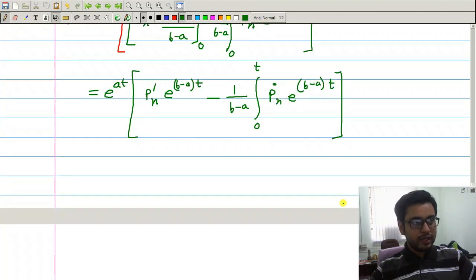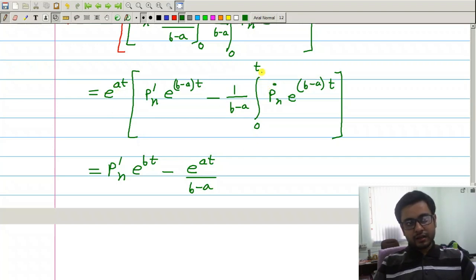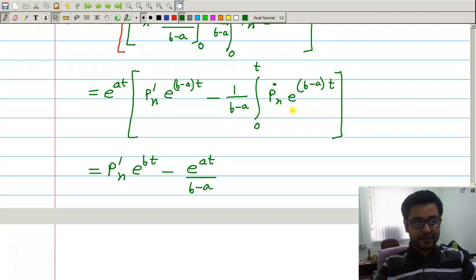Now let me multiply this e to the power at with this term, so I will have p prime n, then e to the power minus a plus a will cancel and bt will remain. Then this term, e to the power at divided by b minus a, and then I have to integrate this term, and I will apply integration by parts once again.